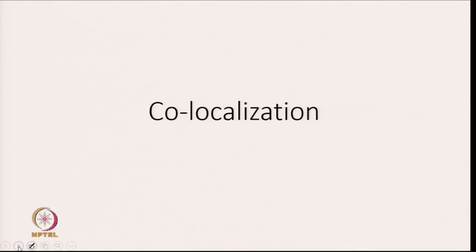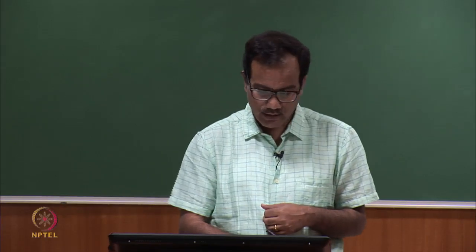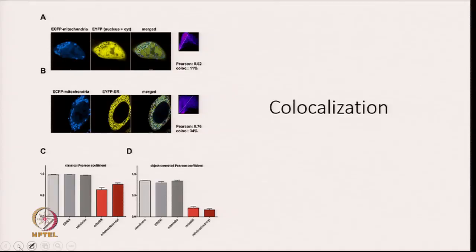We can also look at co-localization. One example I discussed in the previous lecture. Here you see ECFP mitochondria, so mitochondria tagged with CFP, and the nucleus plus cytosol is tagged with YFP.